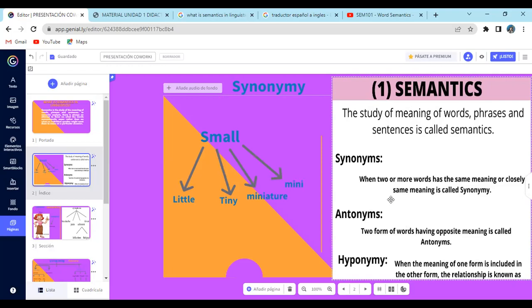Antonym is when we have an opposite of the word, the contrary to synonym. Because in synonym, we use a word that has closely the same meaning. But in this case, it is the contrary. It is the contrary.